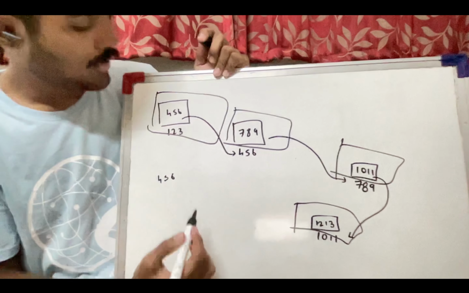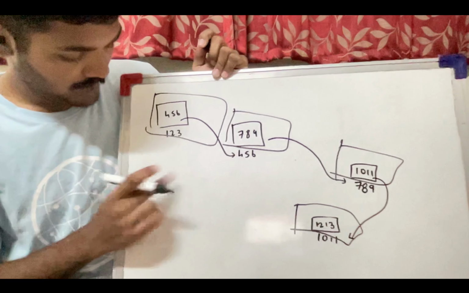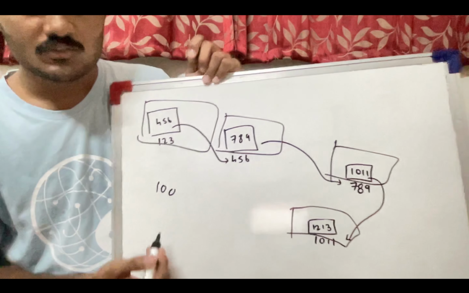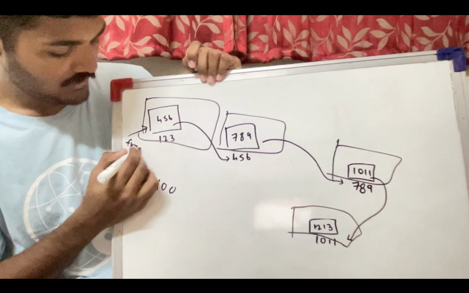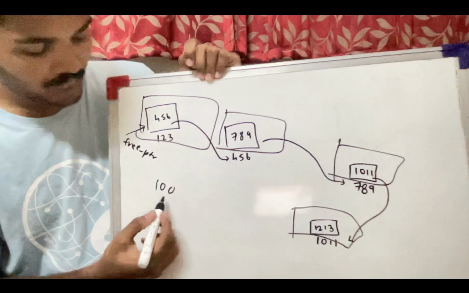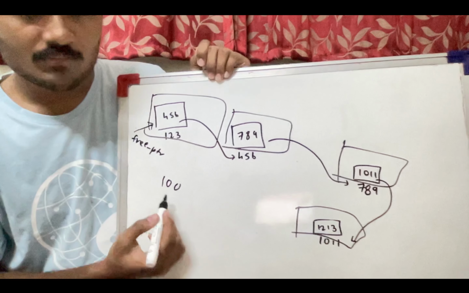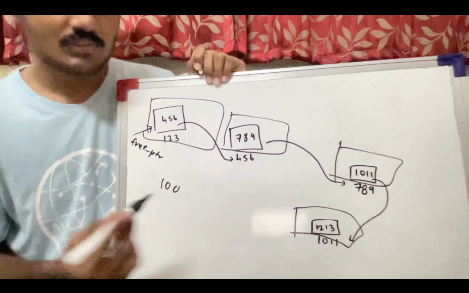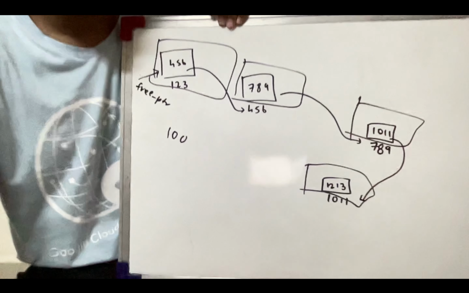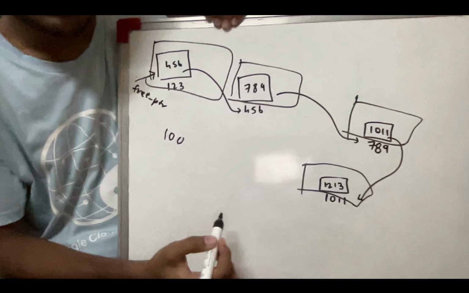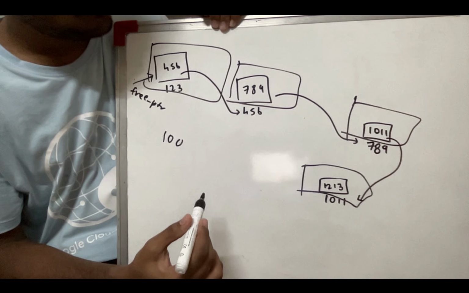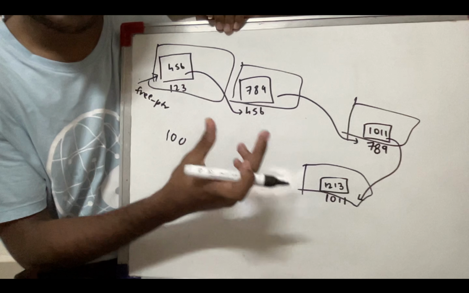Let's say my process wants 100 bytes of space. This is the starting of the free list, let's call it the free pointer. So it will traverse this linked list to find the appropriate size block.